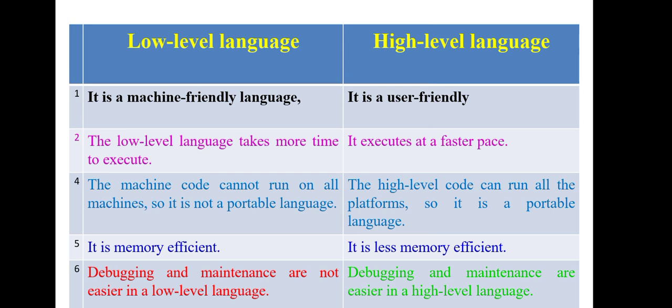Whereas in high level language it is very simple. Like English sentences, we can modify the errors, update, and maintain easily. These are some of the differences between high level and low level languages.